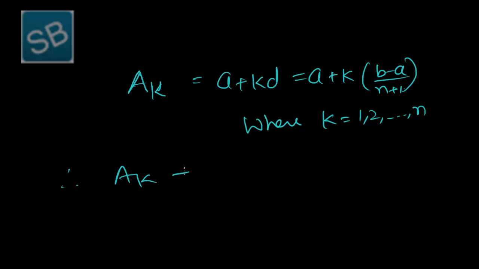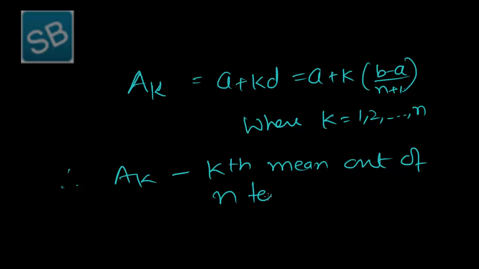Therefore, Ak is the kth mean out of n means. If we have to find the 4th mean, we put k as 4, so we will get the value of the 4th mean. So this is the way to find n arithmetic means between two numbers. We can find so many arithmetic means between two given numbers.